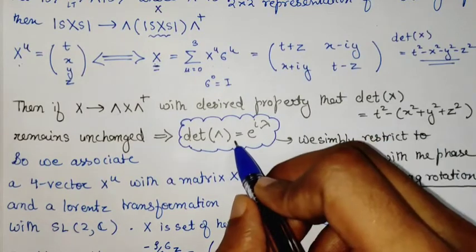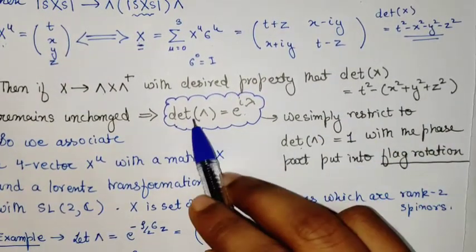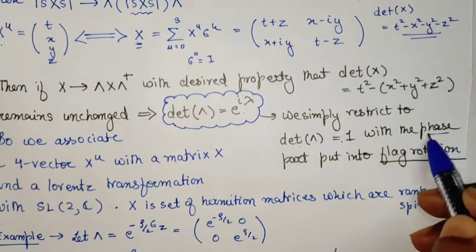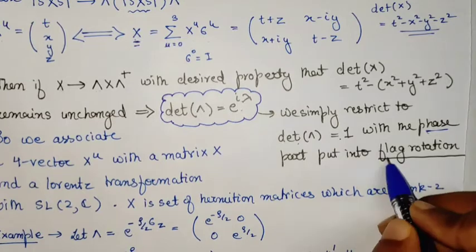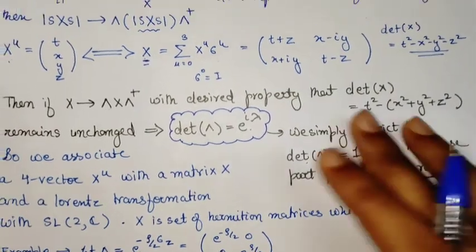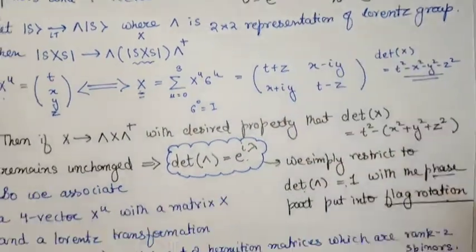Now it is a phase, but we simply restrict it such that the determinant of lambda is 1, where we put the rest of the phase dependence into the flag notation that we already discussed while talking about rank 1 spinors in the previous video.